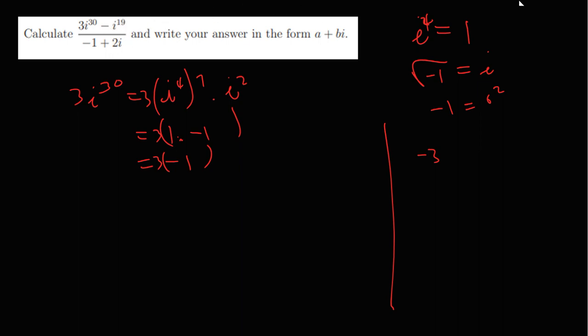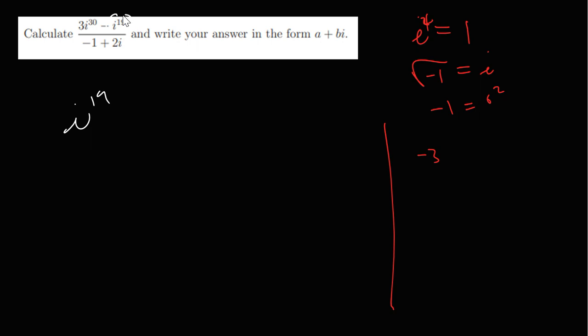Let's look at this part now, I power 19. We have resolved this part, so let's resolve the I power 19. We also have to write it in terms of 4 again. We can have I power 4, and we can put 4, make it 16. We are on 16, to make it to 19 we need 3, right?